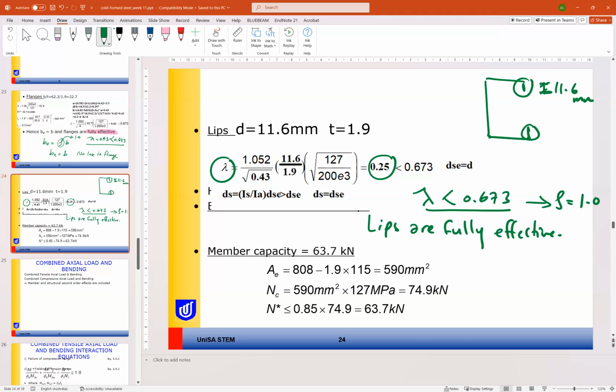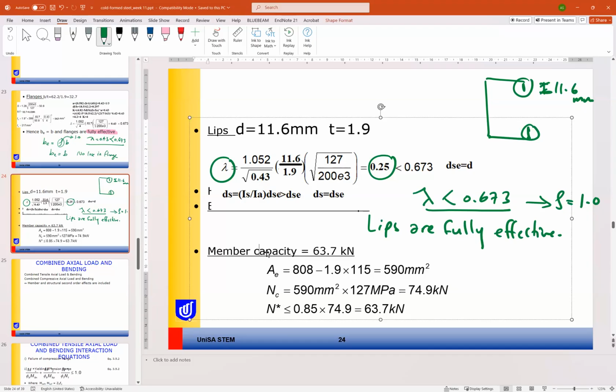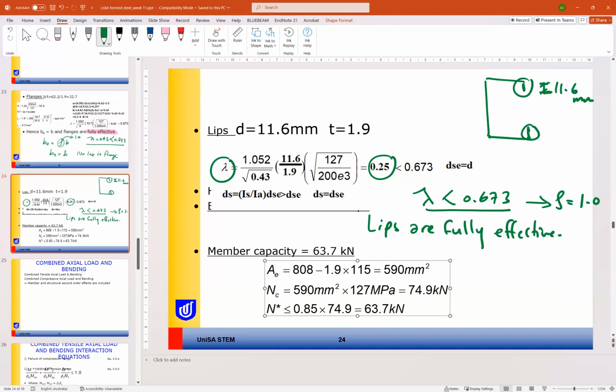So now only the web lost part of it due to buckling or due to compression. So the effective area in this case will be the total area of the section, the gross area, minus the lost area of the web. How much is the lost area of the web?